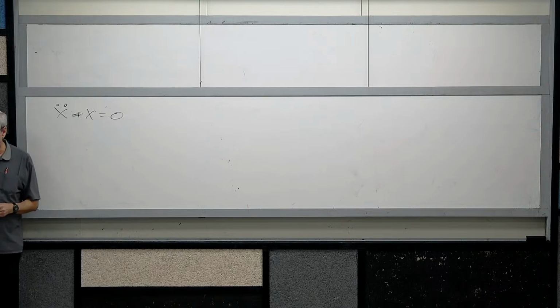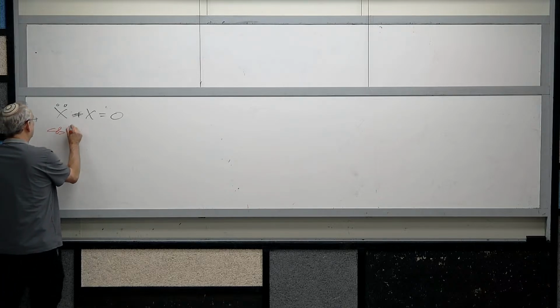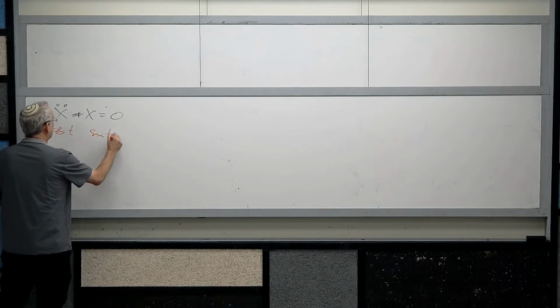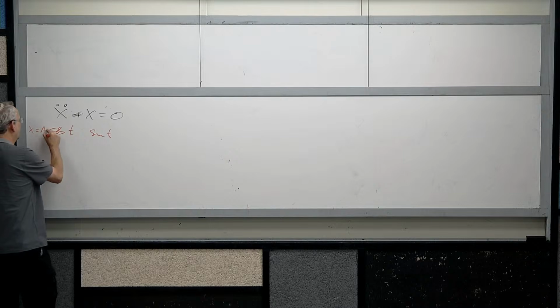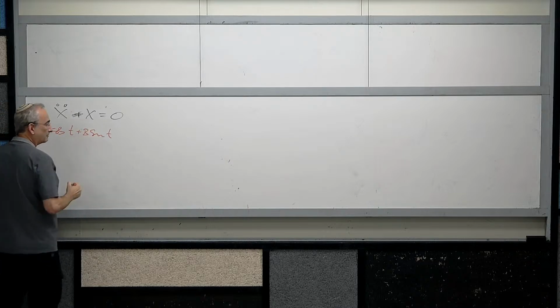It's the sum of e to the plus minus it. Otherwise, you can say it's sine and cosine, right? Cosine t or sine t are solutions. So the most general solution is x equals a cosine t plus b sine t.